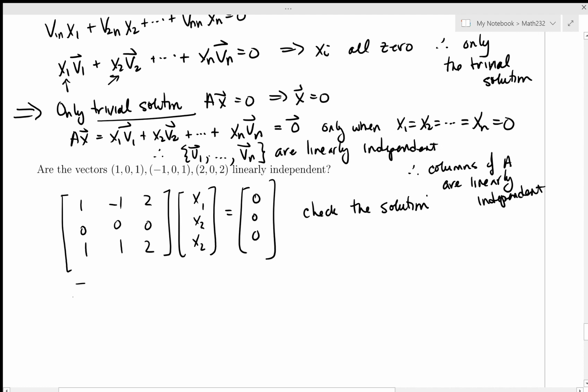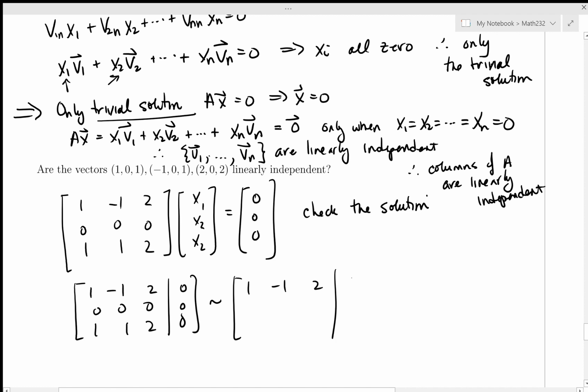So I put this into the augmented matrix like this. I do my row operations, and I'm just going to do one row operation before stopping. I'm stopping right here, and I see this, which tells me what?